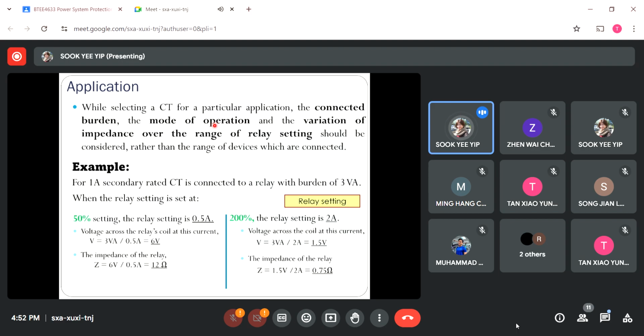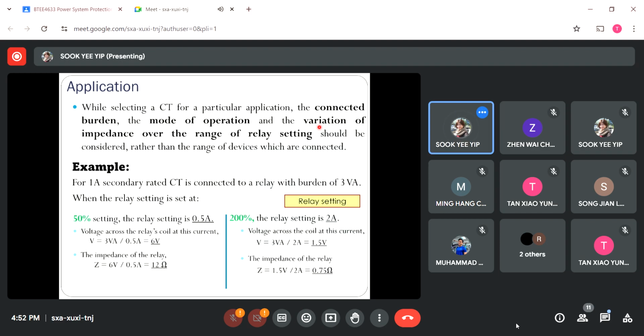The third is the change in impedance value over the range of the relay settings, rather than just considering what kind of device you connect at its output terminal on the secondary side. So we have three factors to be considered whenever we want to ensure the current transformer gives the right measurements.